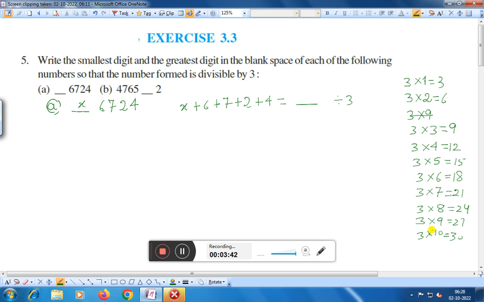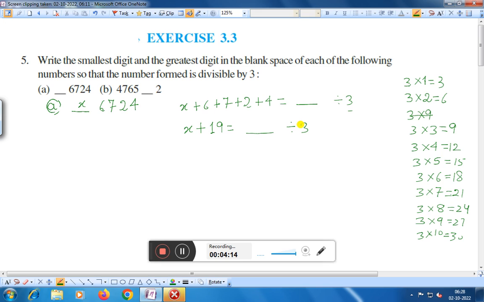Now if we add all the digits, x plus 6 plus 7 plus 2 plus 4, we get one number such that it may be divisible by 3. 6 plus 7 is 13, 13 plus 2 is 15, plus 4 is 19. So x plus 19 should be divisible by 3.